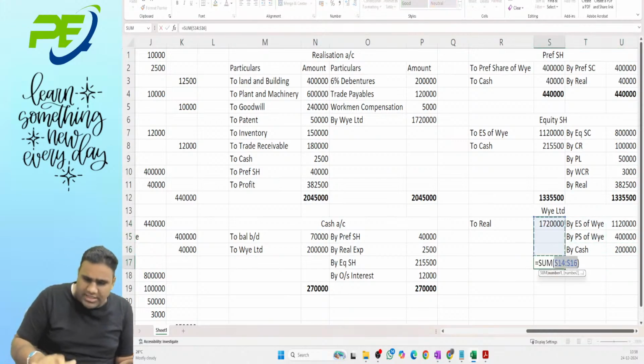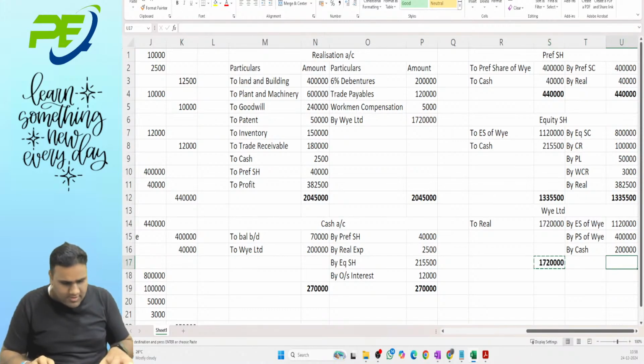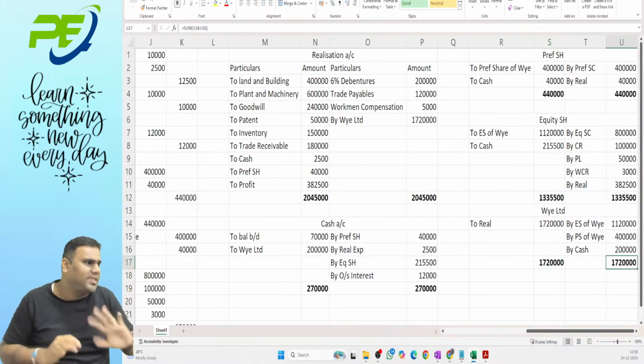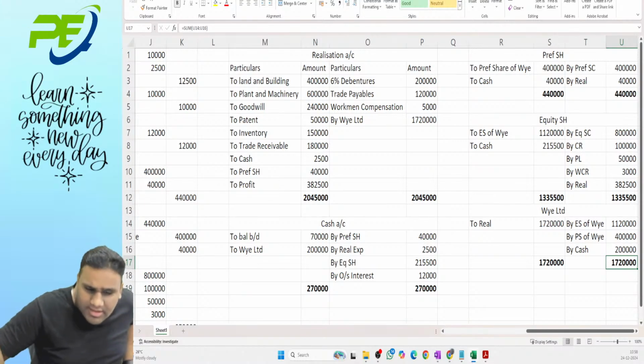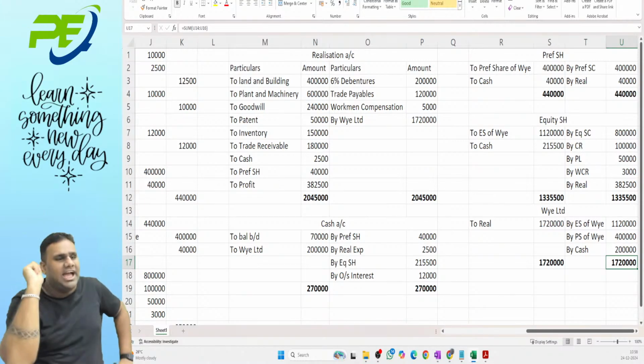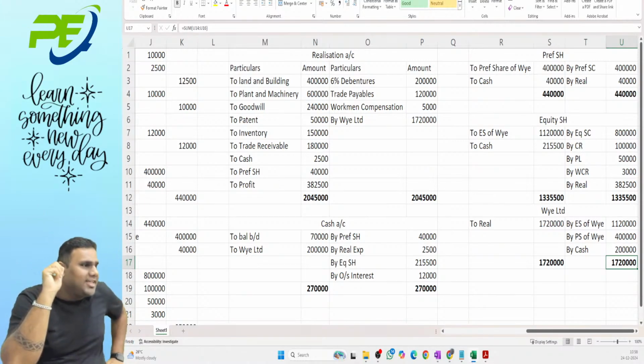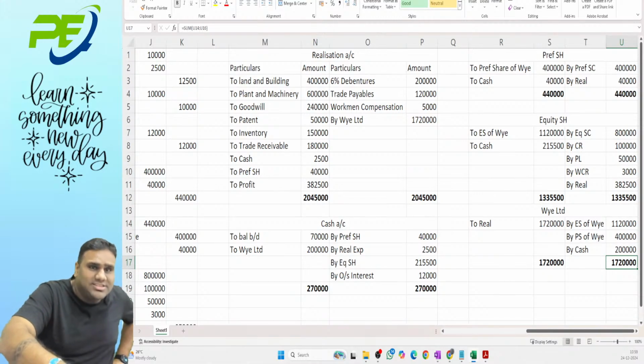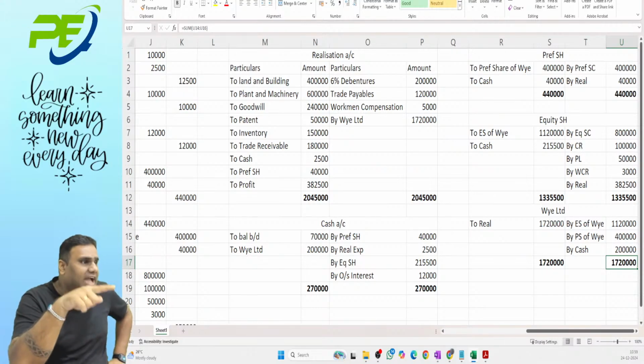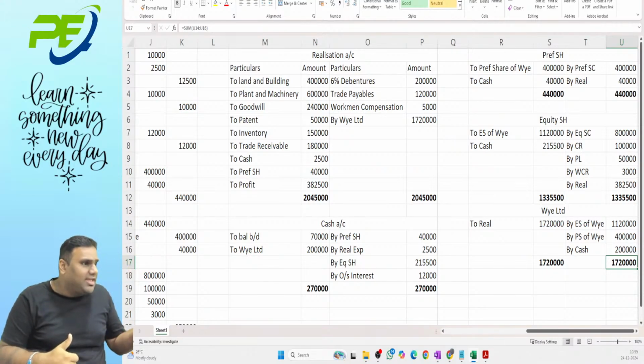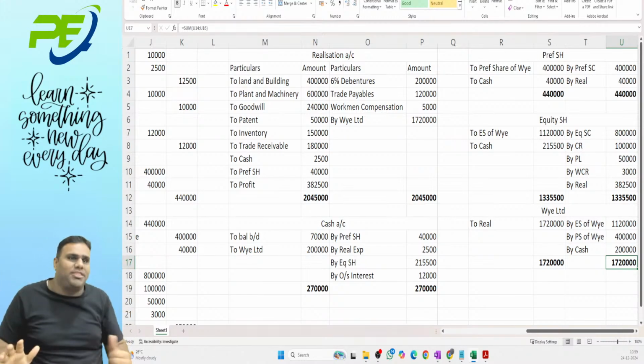Now if I total, is it matching? Yes, everyone. So now, bhaiya, what else can they ask? This is just the journal entry in the books of selling. For 14 marks, they ask journal entries in the books of selling, journal entries in the books of purchasing, then balance sheet in the books of purchasing.